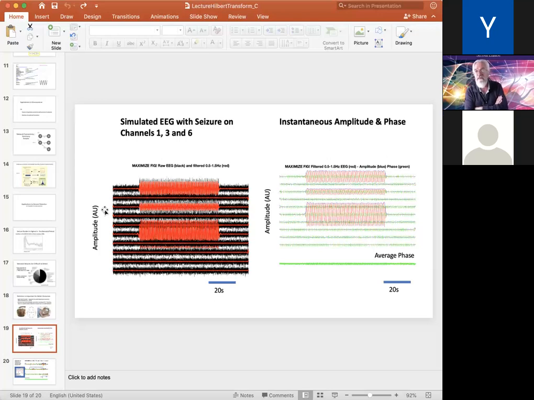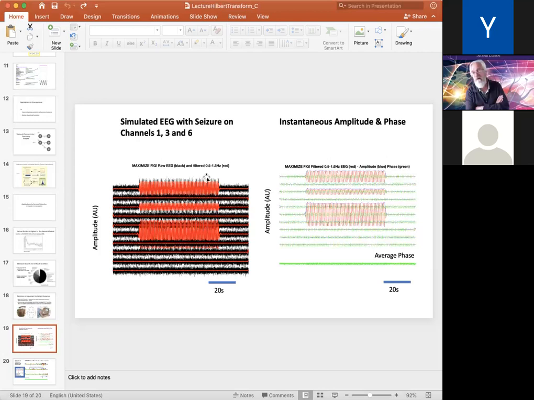Well, the first thing you do is apply a very narrow band filter. Otherwise, the Hilbert transform is going to give nonsense. So this black signal was filtered with a very steep filter from 0.5 to 1.5 Hertz, and the reason is that I know my frequency is exactly 2 Hertz in this case.